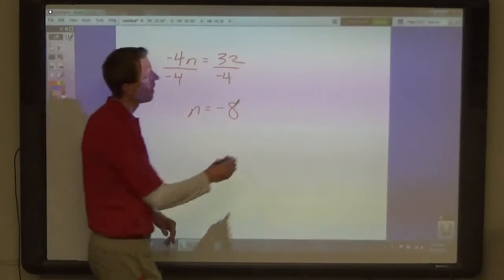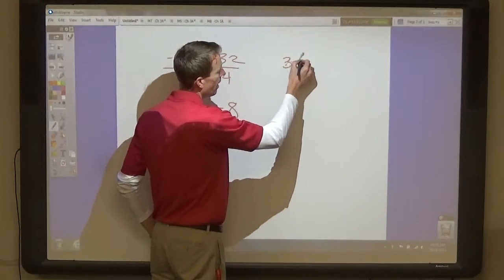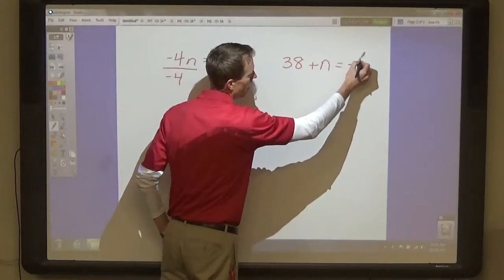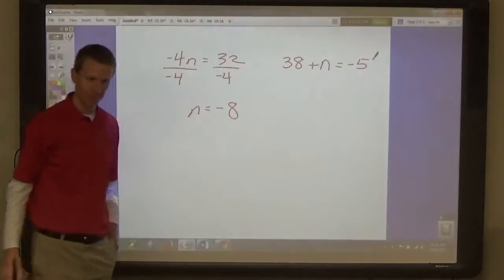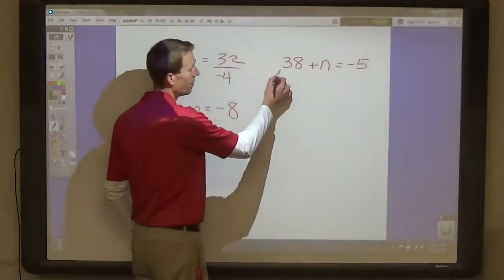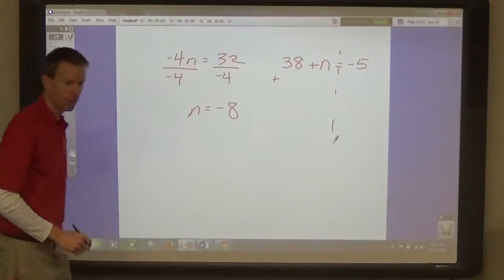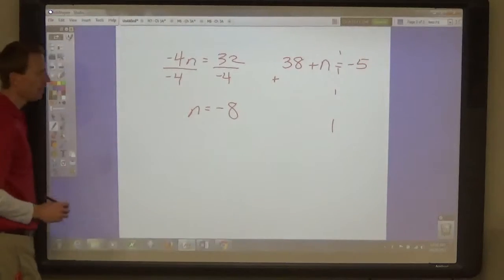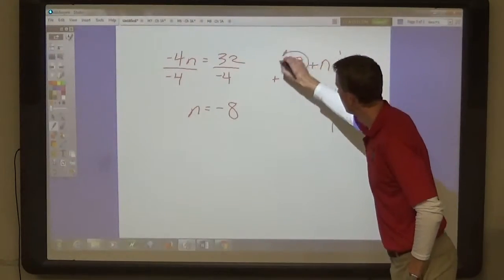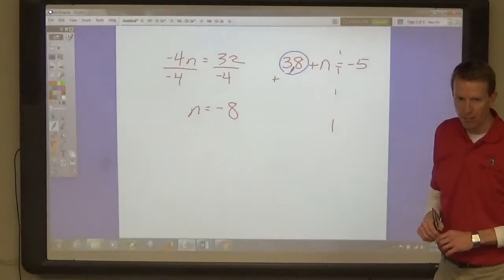Okay? Or we would have a question like this: 38 plus n is equal to negative 5. Right? And then you'd have to add to get rid of the number on the left side. So you have to add the opposite to get the n by itself. How do you make it 0? How do you get rid of it?